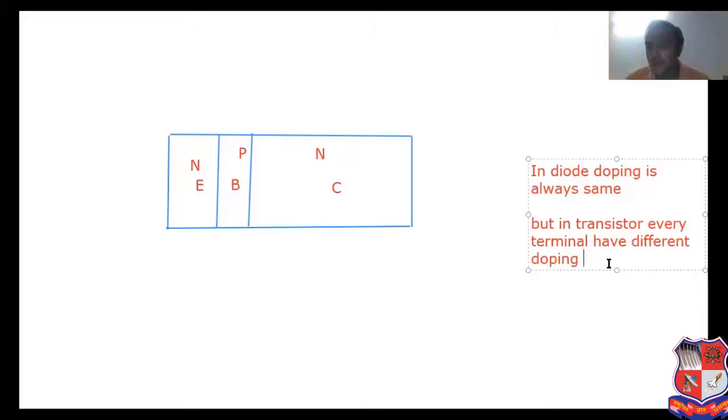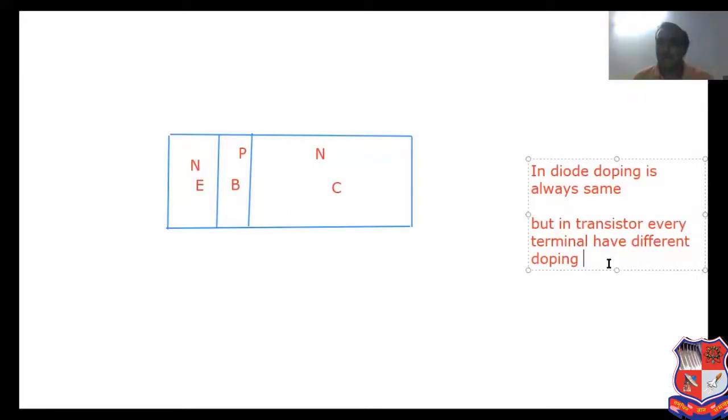Emitter has the highest doping, base has low doping, collector has the highest doping. So it is the concept regarding the NPN transistor.